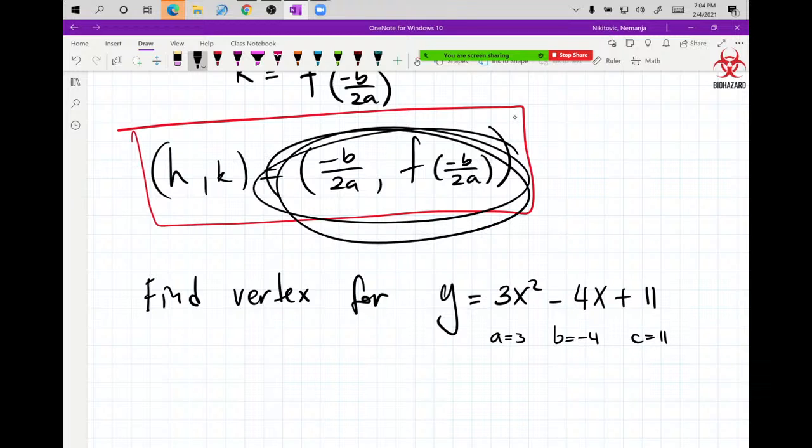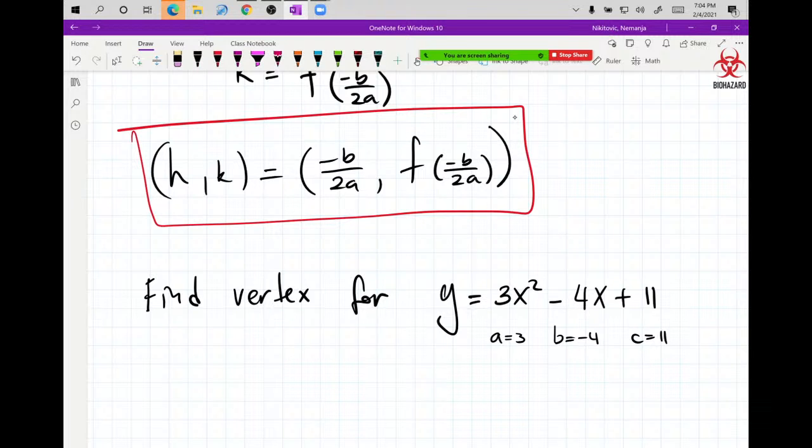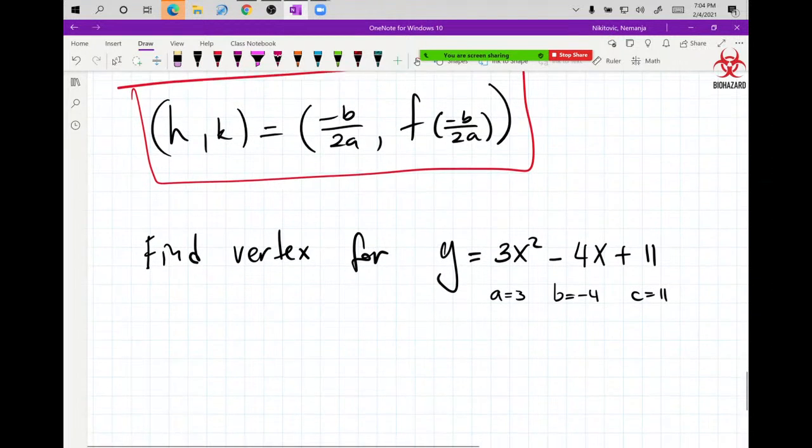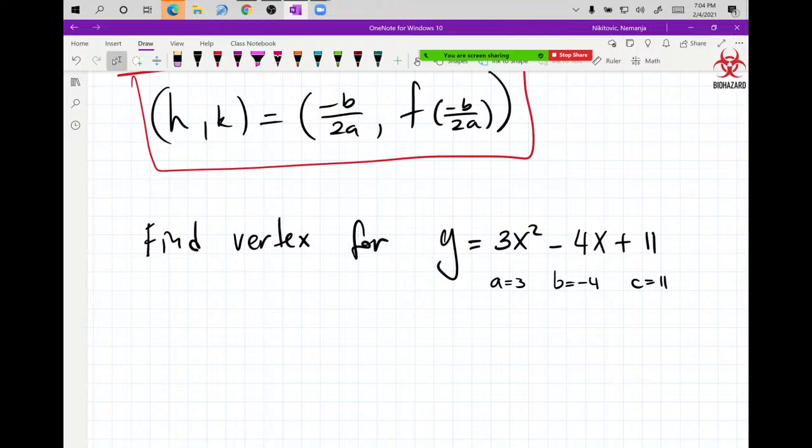No one cares about c because it's not mentioned in the formula, but you have it. So h is equal to negative b, so that's negative 4, divided by 2 times a, which is 3. So that's 4 over 6, which is 2/3.